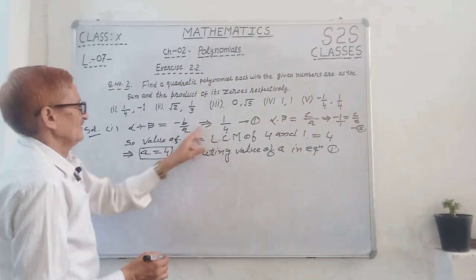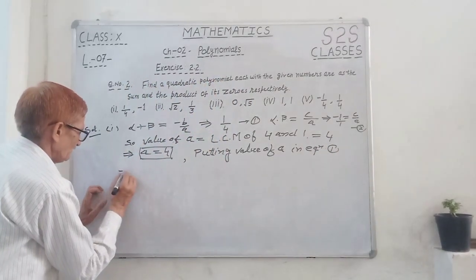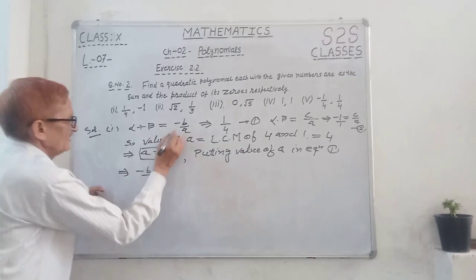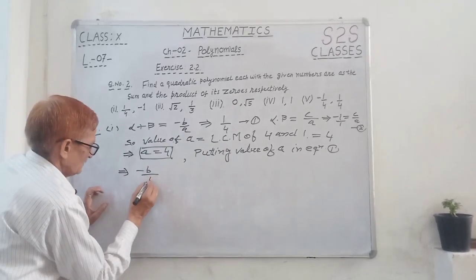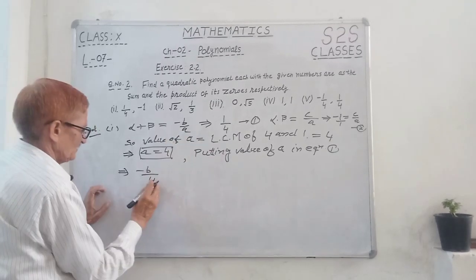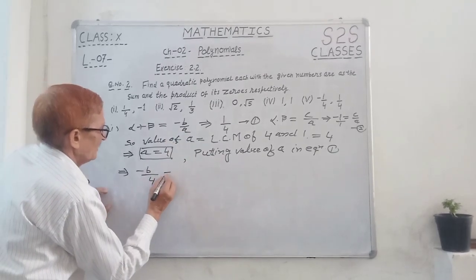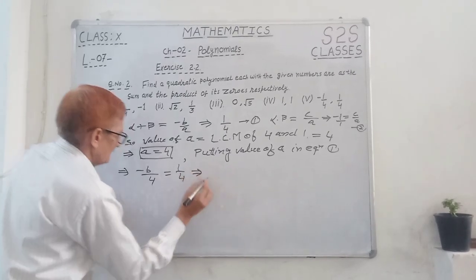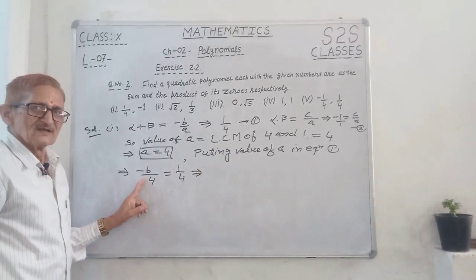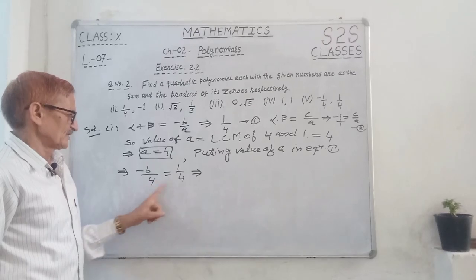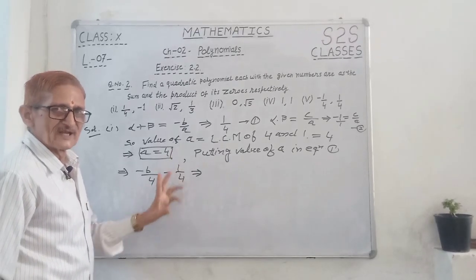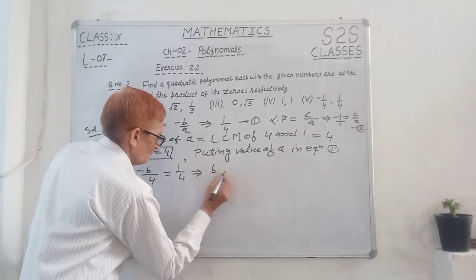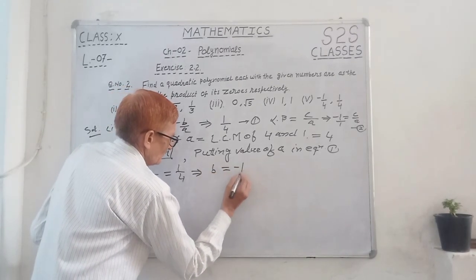Equation 1 is minus B upon A; putting the value 4, minus B upon 4 is equal to 1 upon 4. Then this implies minus B upon 4 equals 1 upon 4, this 4 will come to this side, multiply, cancel, so minus B is equal to 1, then B is equal to minus 1.